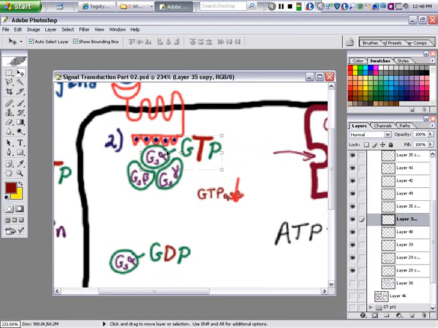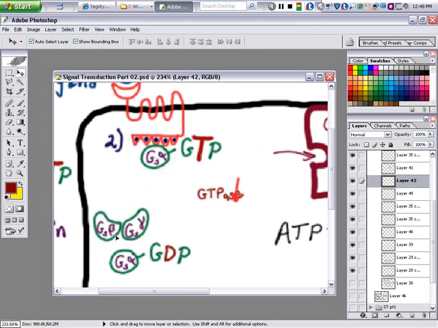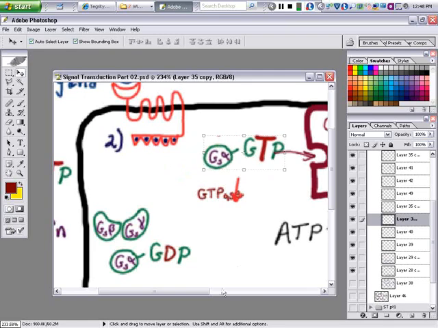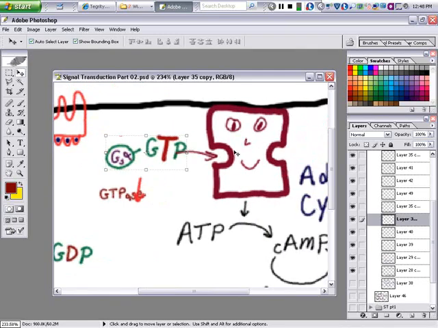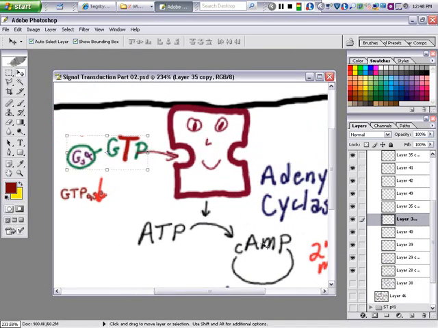Now G stimulatory alpha with GTP is activated. Once G stimulatory alpha becomes activated, it's going to lose beta and gamma. Beta and gamma are going to go away. Now G stimulatory alpha GTP is going to go and activate adenylyl cyclase. Now adenylyl cyclase is activated. It's going to convert ATP into cyclic AMP.